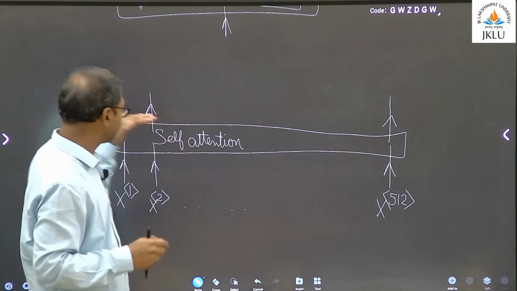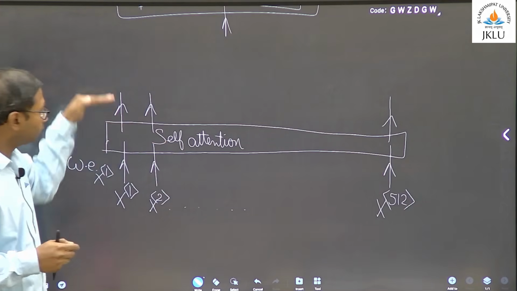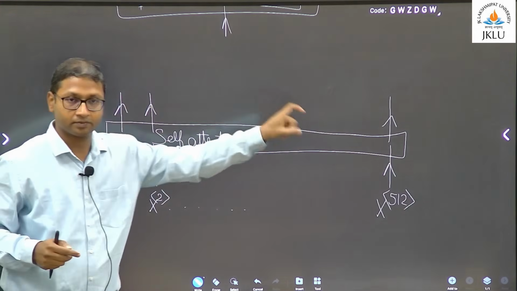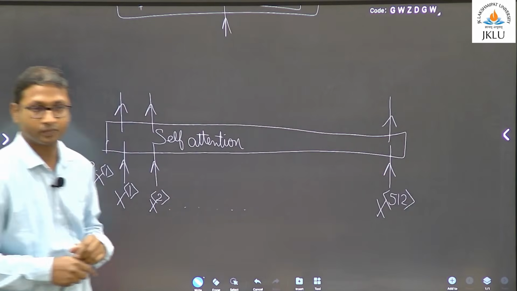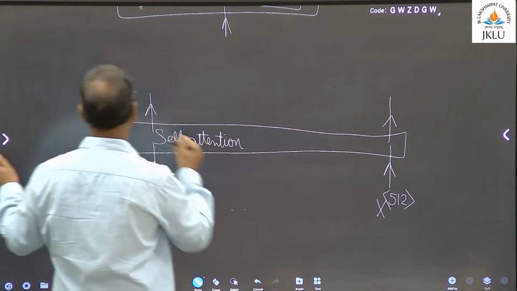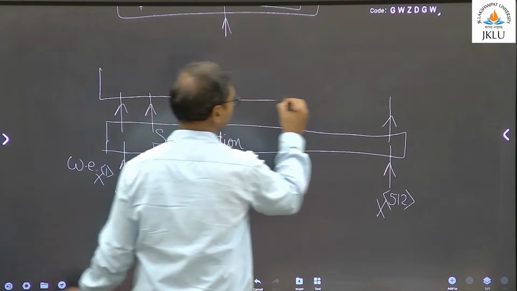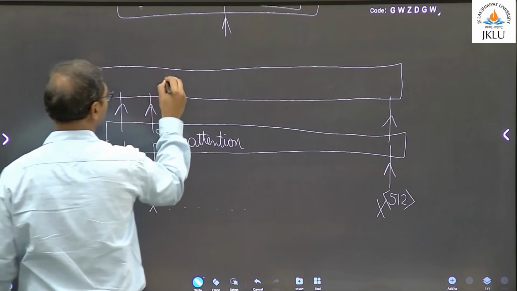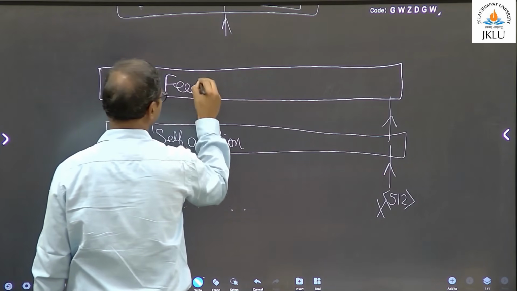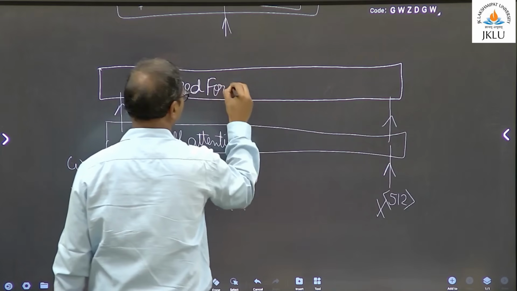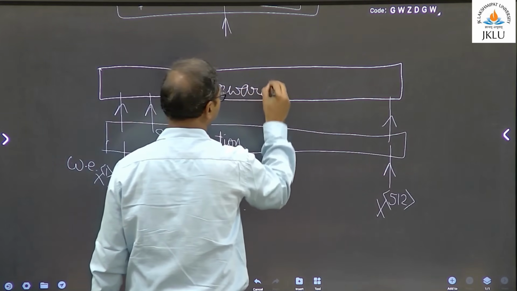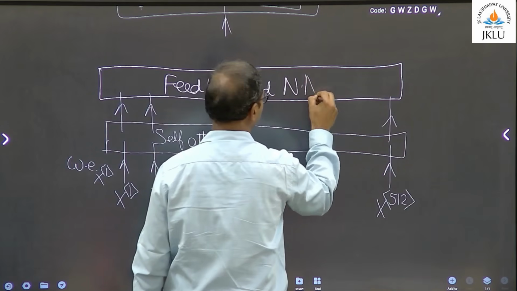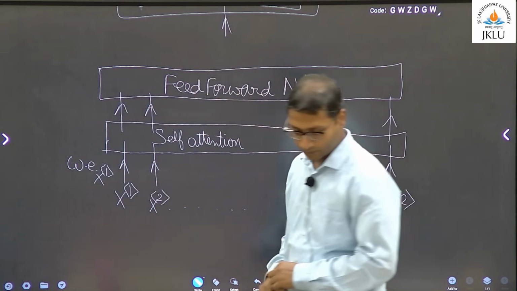Whatever self attention does, it does to all these vectors and passes it up. Now it is received by a feed forward neural network.